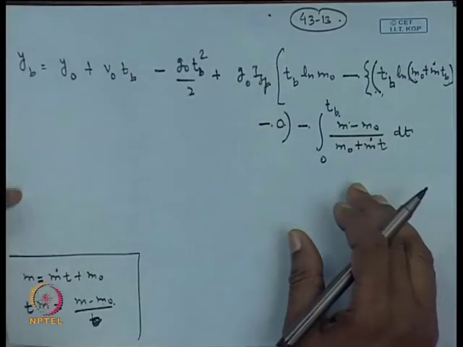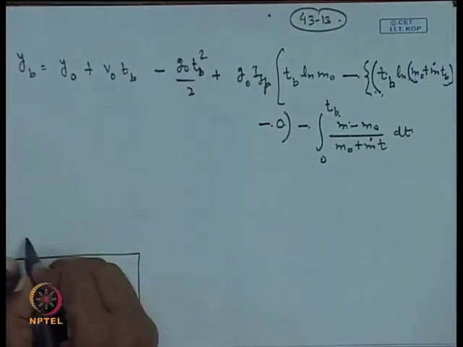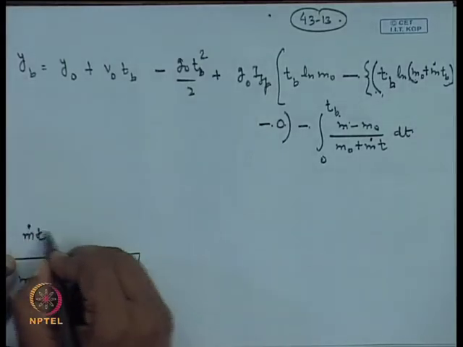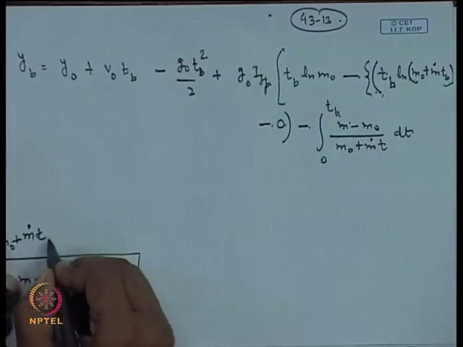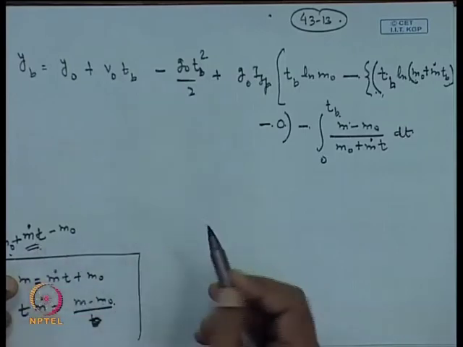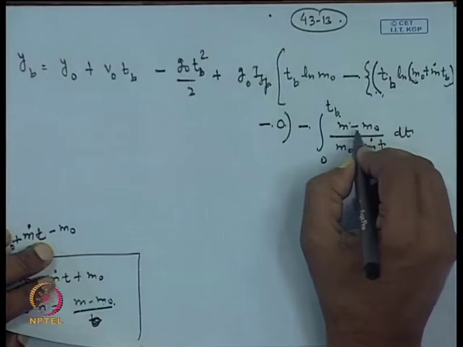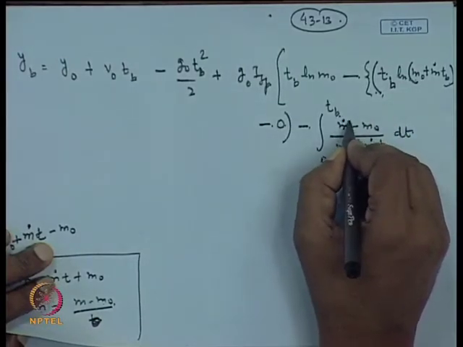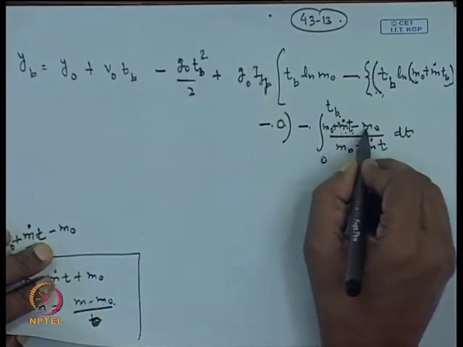Or another way of working with the same thing is that m dot T we can write as m 0 plus m dot T minus m 0. You can see that m 0 cancels out, leaving m dot T. If we follow this notation, this can be written as m dot t over m 0 plus m dot t, and here m 0 plus m dot t minus m 0.